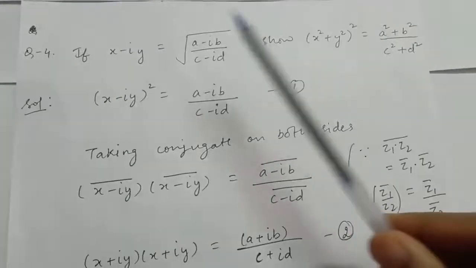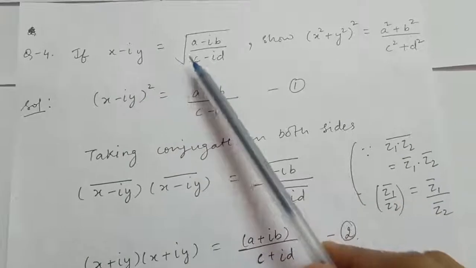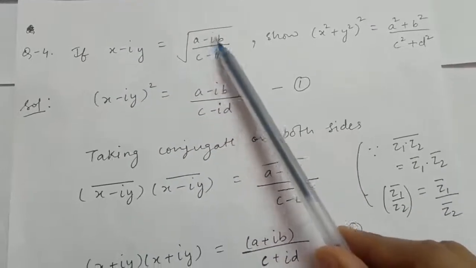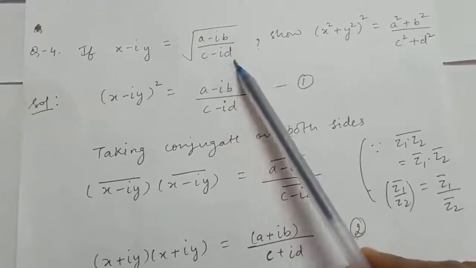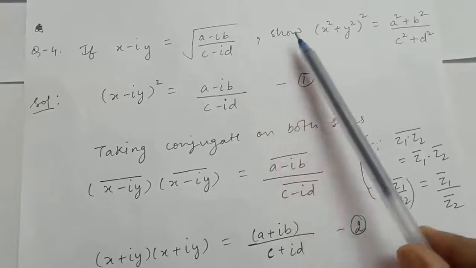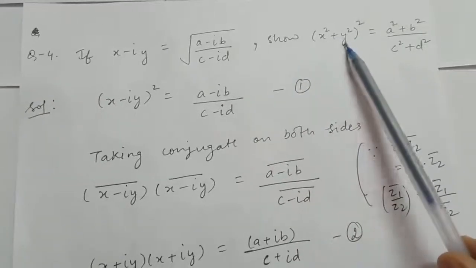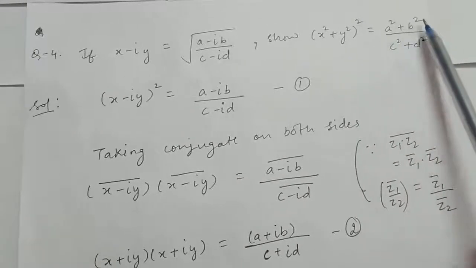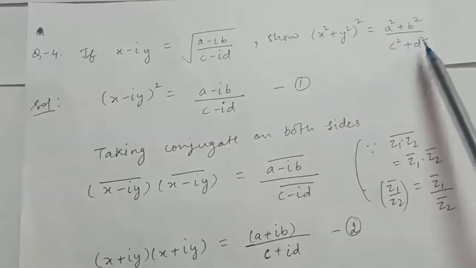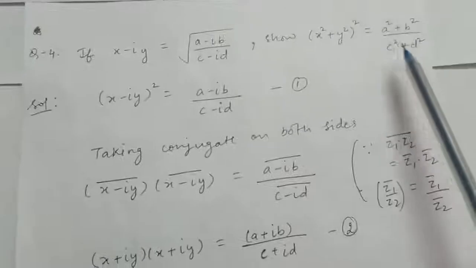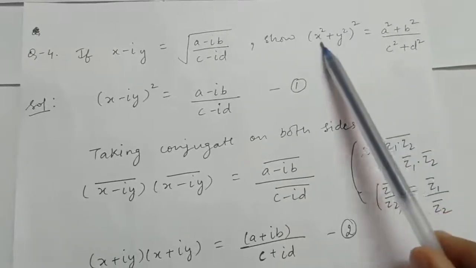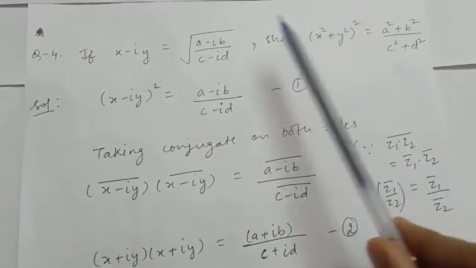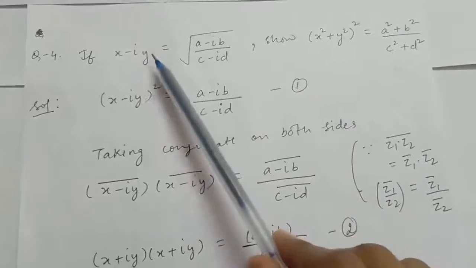Now question number 4th is, if x minus iota y is equal to root of (a minus iota b) upon (c minus iota d), then you have to show that (x square plus y square) whole square is equal to (a square plus b square) upon (c square plus d square), right? Now again you want x square plus y square, and we already have x minus iota y.